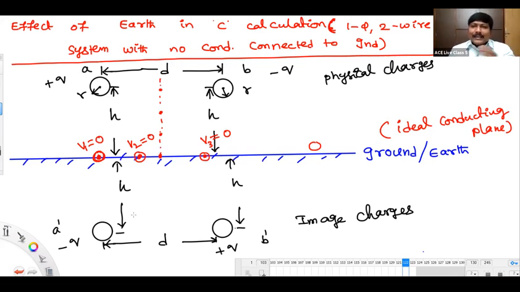After taking A dash and B dash effects in the capacitance calculation of A, that capacitance I will call capacitance from conductor A to neutral, including the earth effect. I'll say in the next slide.